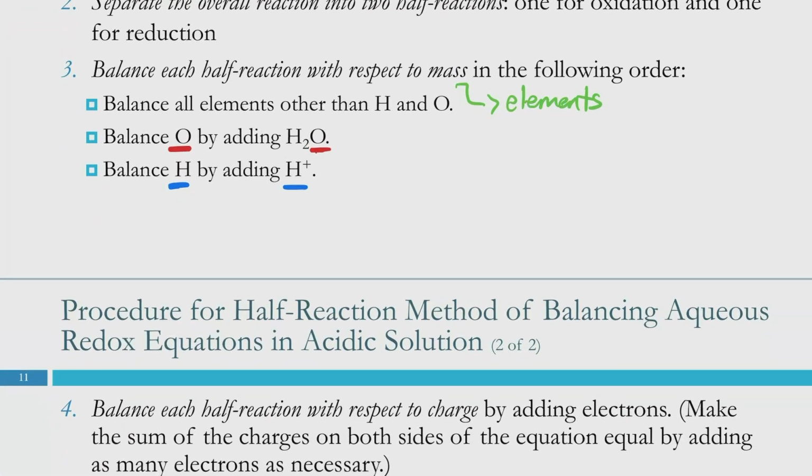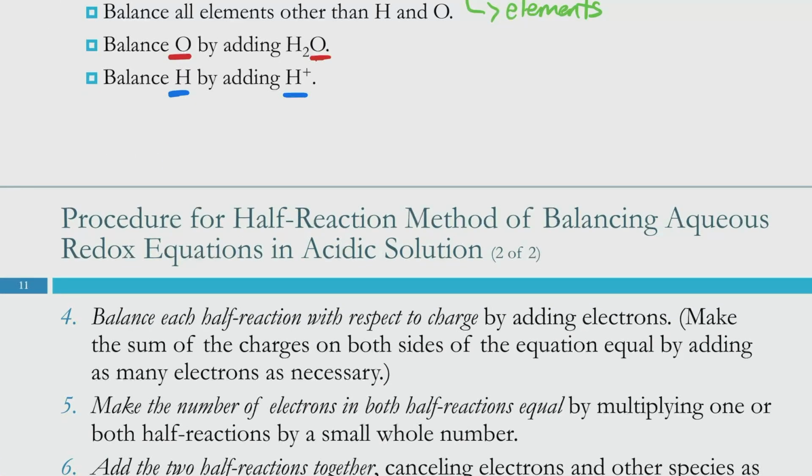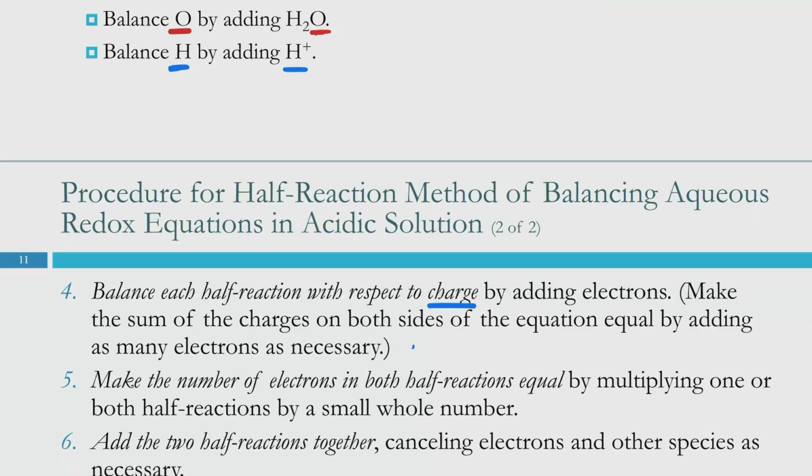And then we have to balance the half reactions with respect to charge by adding electrons. We're adding electrons, which have negative charge. So this is a very easy place to make a mistake about where we're trying to add the charge.